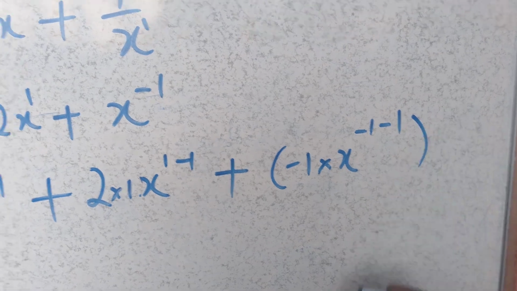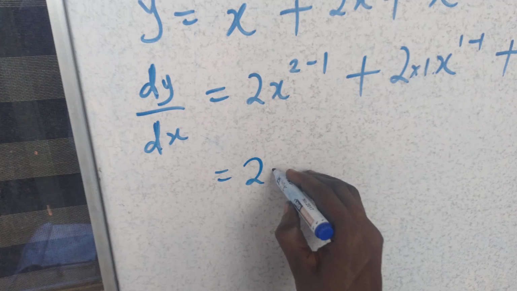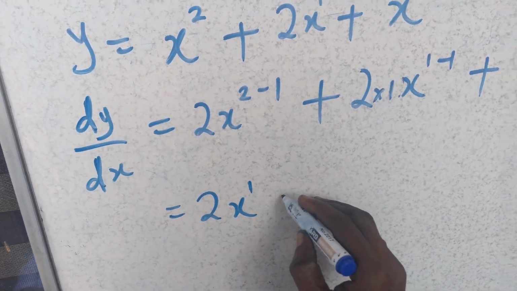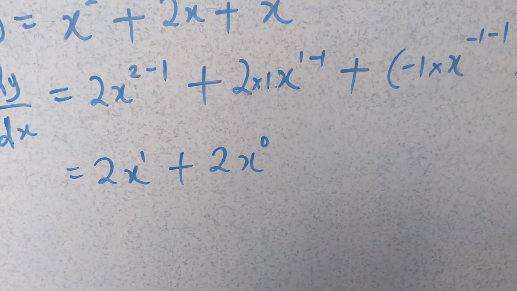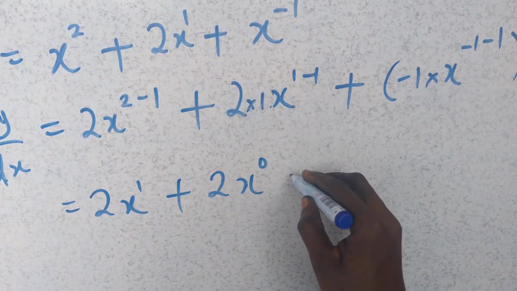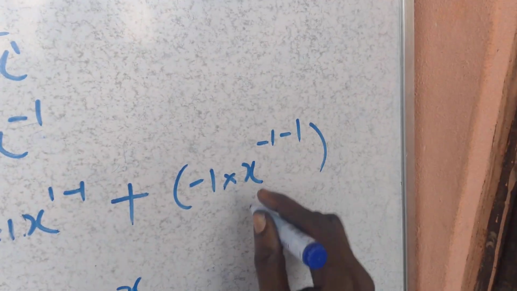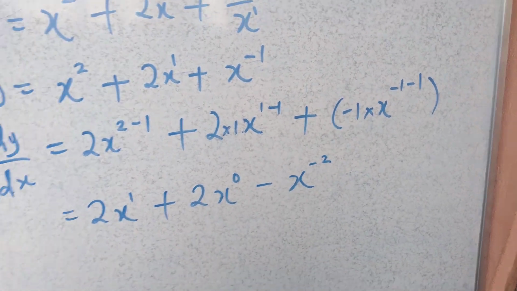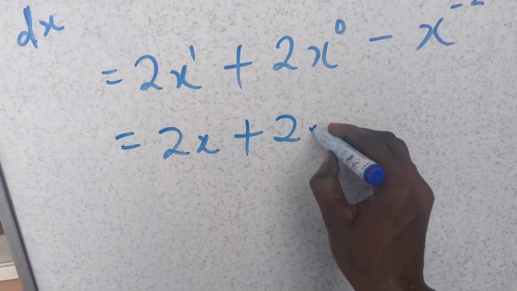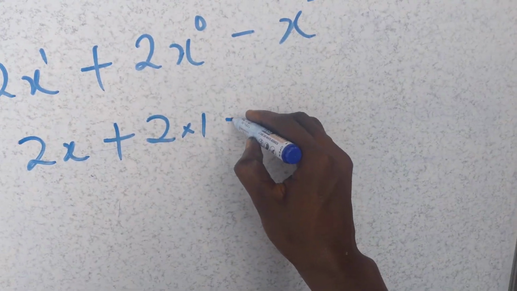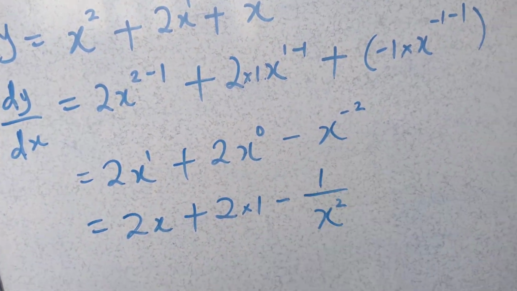So this now will be 2x raised to power 2 minus 1 is 1, plus 2x raised to power 0, because 1 minus 1 is 0. Then plus times minus is minus, minus x raised to power minus 1 minus 1 is minus 2. So I'm having 2x plus 2 times 1, because x raised to power 0 is 1, minus the reciprocal of x raised to power 2, because of this negative sign here.